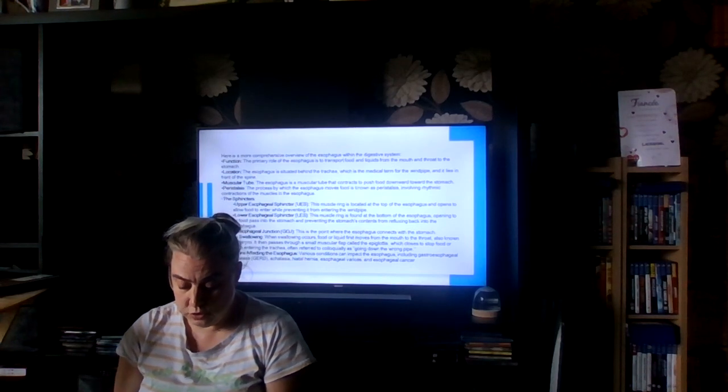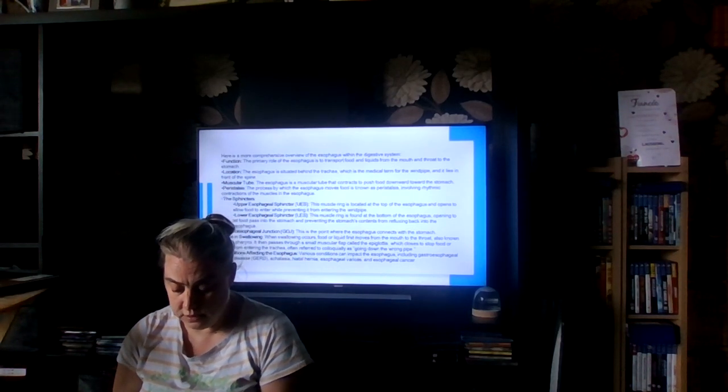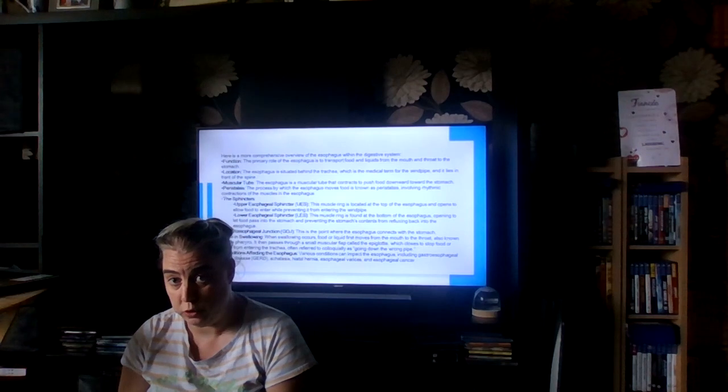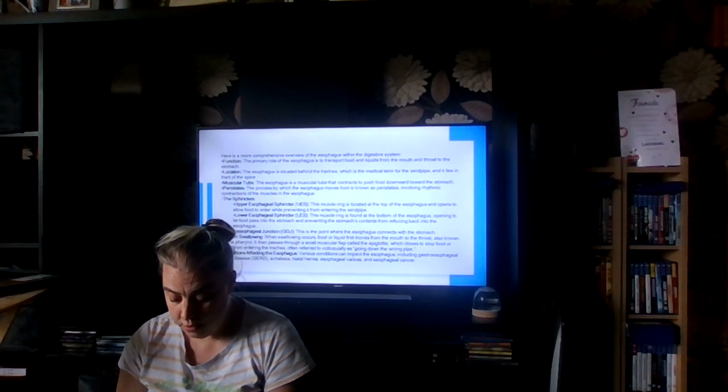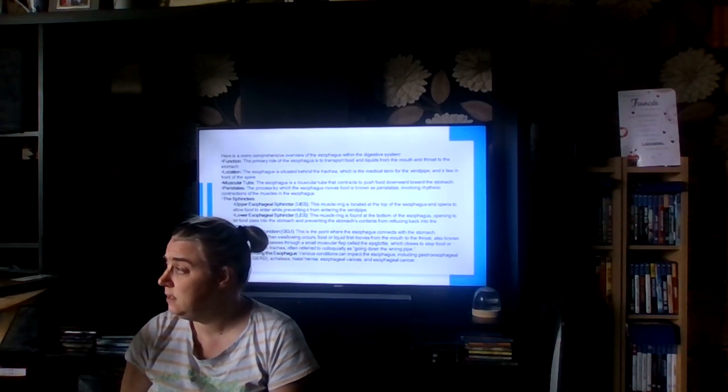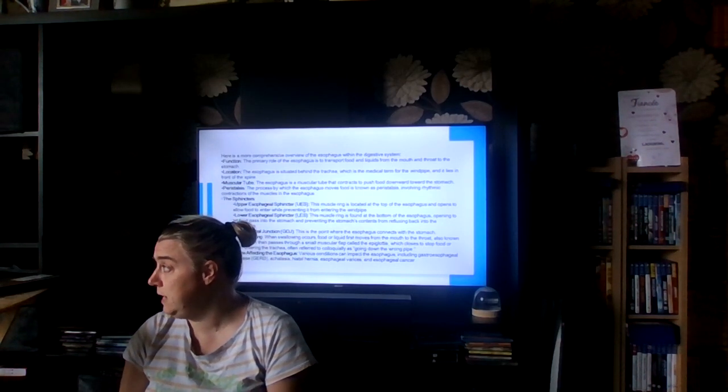The role of swallowing is to make sure the food or liquid goes down the right hole and not the wrong hole, as we would call it when people are coughing on the food or drink. And then there are health conditions such as esophageal cancer and hernias.